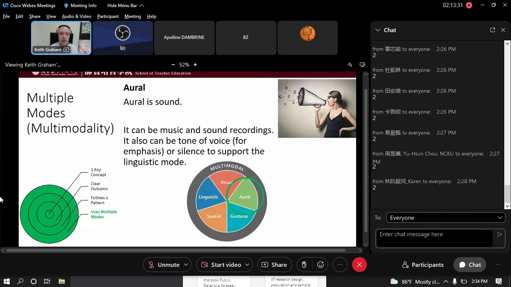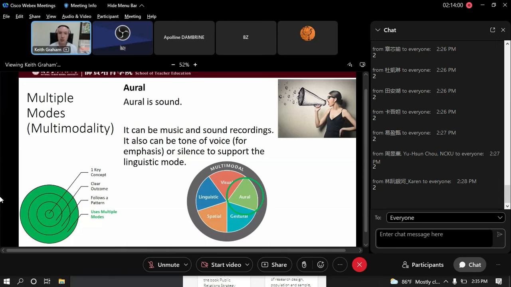But also you'll notice that silence can also be part of the oral. So for example, our first word, oral, is blah, blah, blah. I put silence on both sides. And I'm using the linguistic and the oral mode together to help students comprehend. I would recommend that in your videos, you try to utilize that technique.